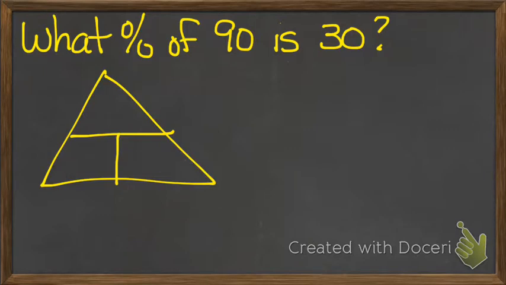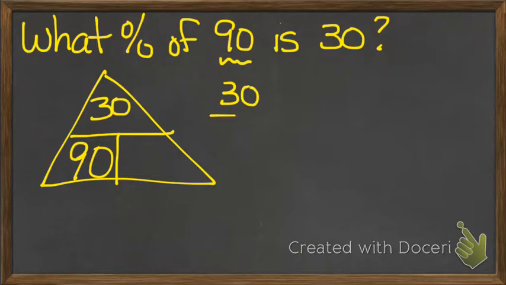The first rule is the word of, and right after the word of comes the number 90. Second rule is the word percent. Well, there is no percent, leave it empty. And rule number 3 is whatever number you haven't used yet, 30, that goes on the top, called the is number. So it's 30 over 90.